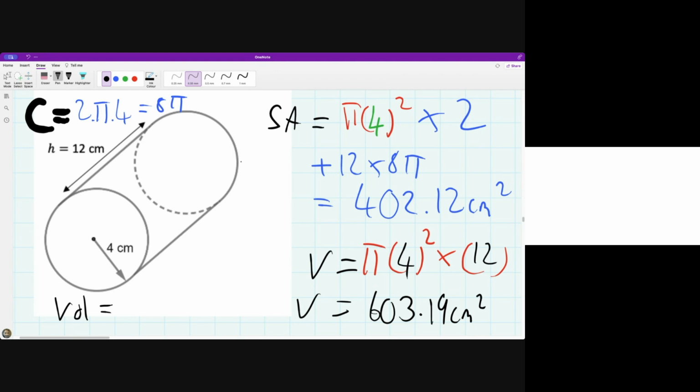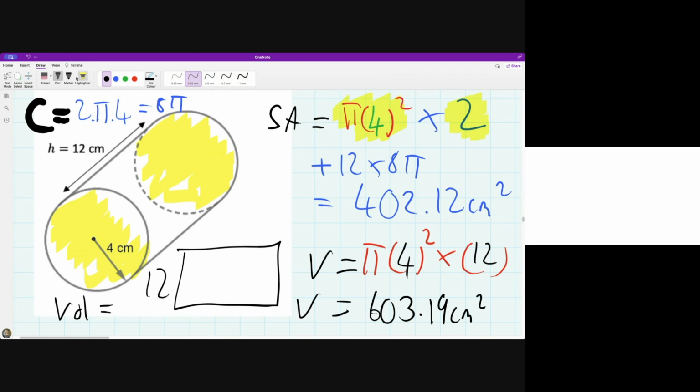Okay, so Edith, sorry, wasn't it Vasile? So what I did was I first looked over here. So the pi r squared over here is for that. Because there's 2 of them, that's why there is a times 2 here. But now I still need to worry about this thing over here. And when I cut this and unwrap it, it's going to be a rectangle. And that rectangle is going to have this 12 on its side here. And then this part here is going to be this.